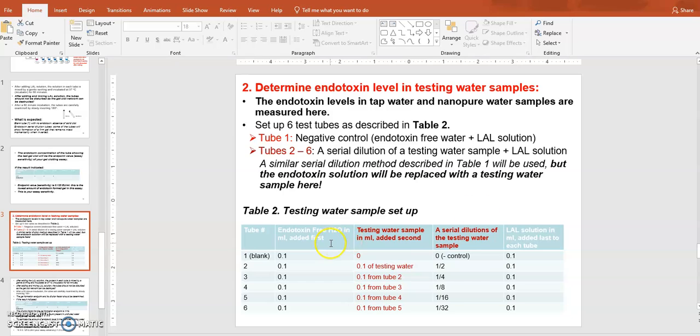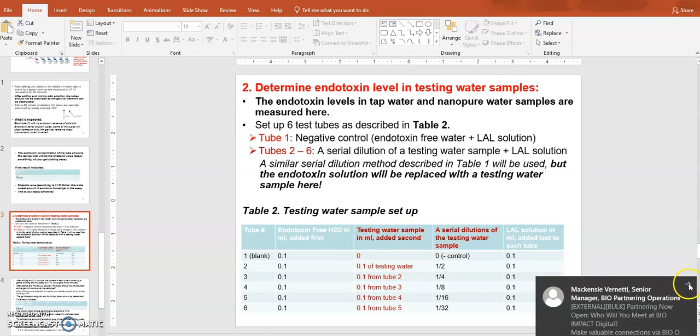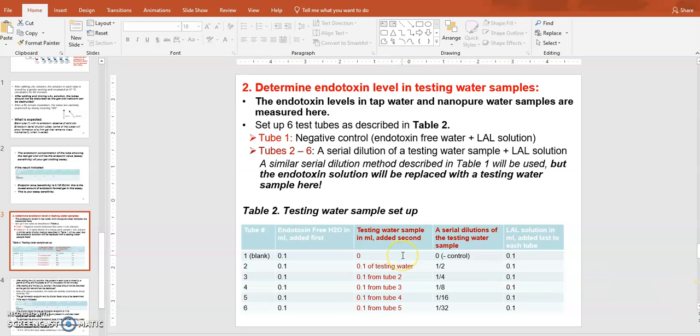But here, instead of using the endotoxin, you're going to use your testing water to make a serial dilution. So like the previous case, the first tube will have no testing water. It's going to just have endotoxin-free water, and then you're going to add LAL to it.